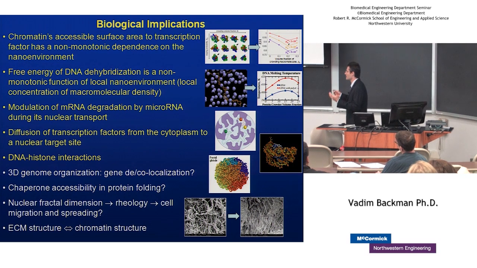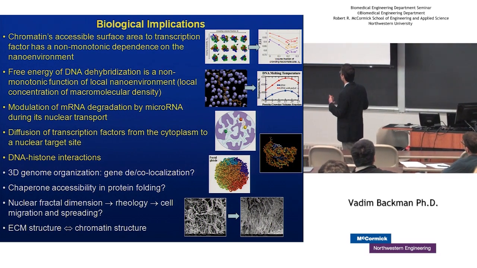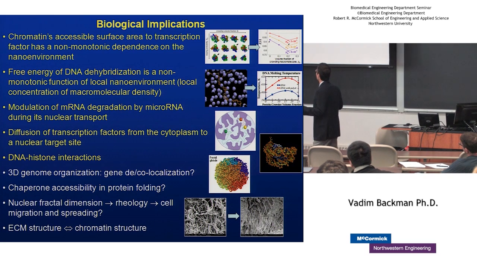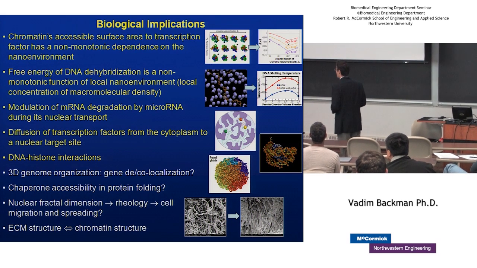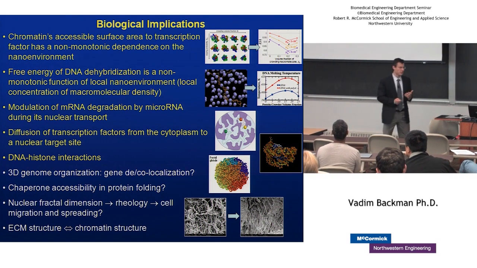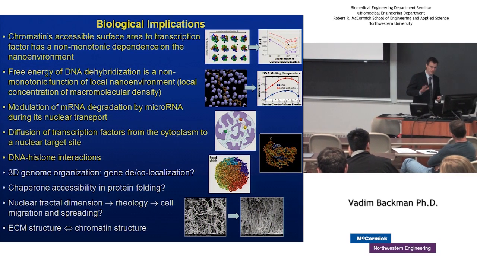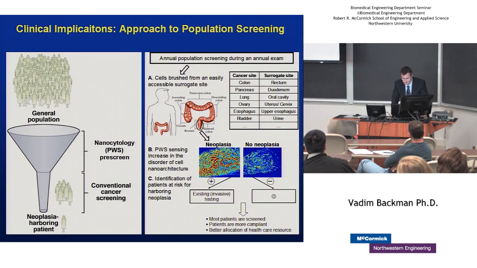And as I mentioned, we'll look at a variety of processes, including modulation of mRNA degradation as it propagates through the nucleus and other processes. This work has been conducted again as a collaboration with the Gauss-Leifer.